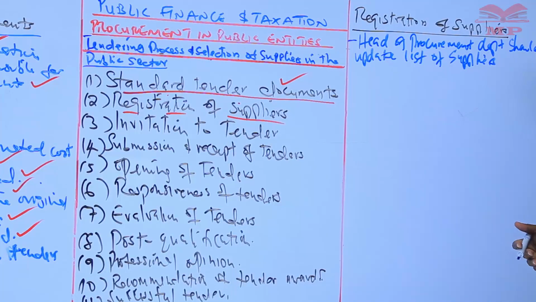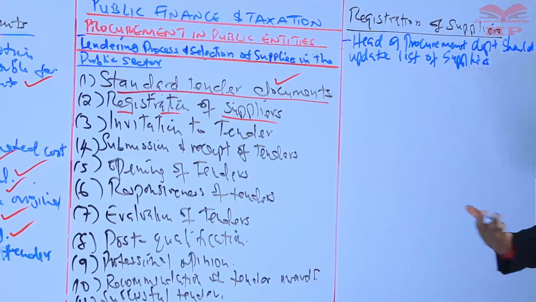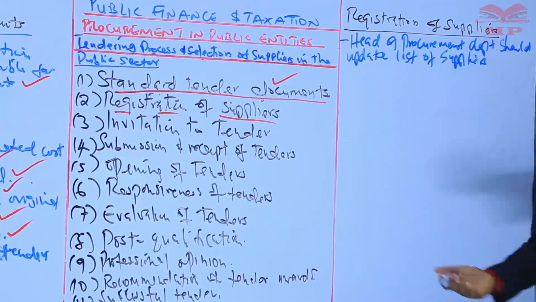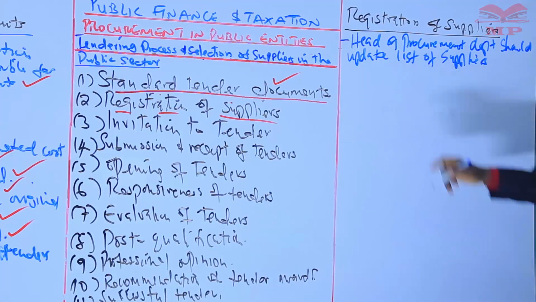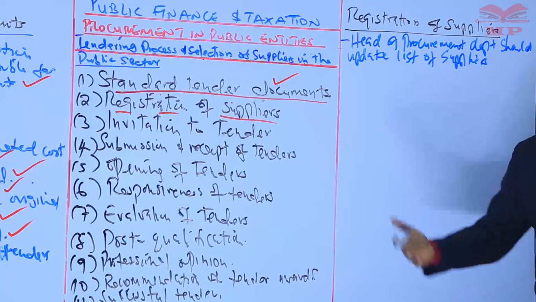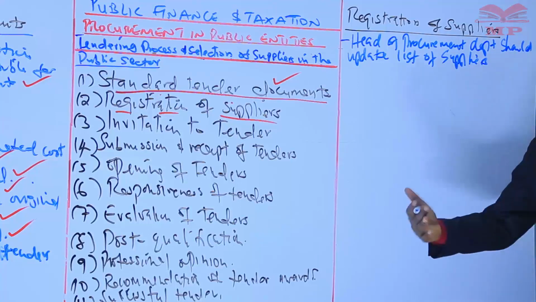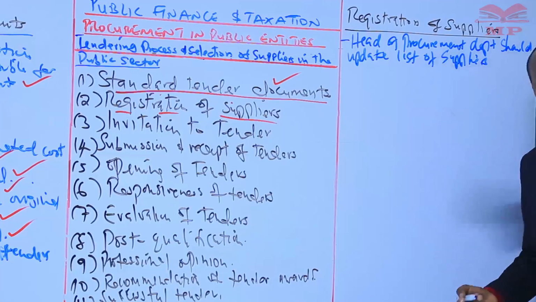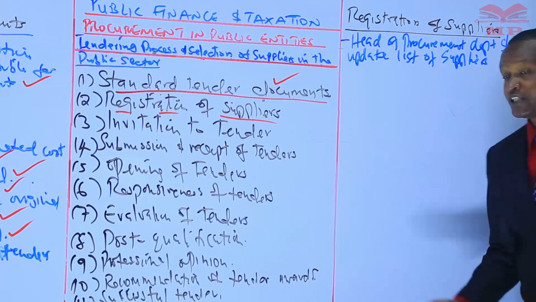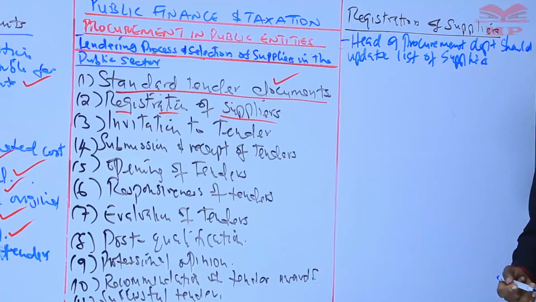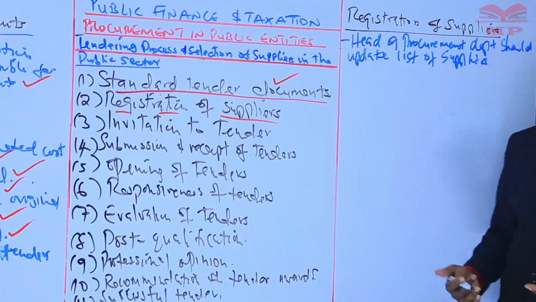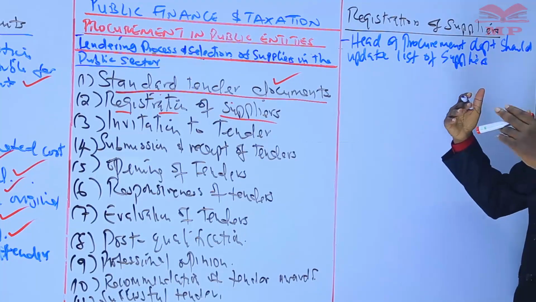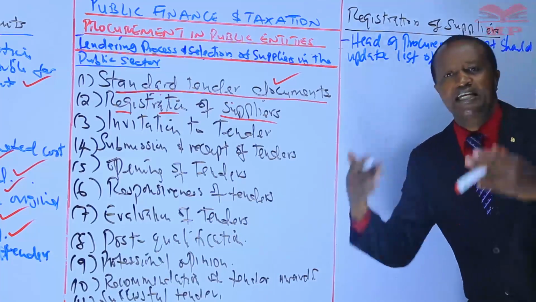There's no end to having the list of suppliers being updated. It ought to be updated. Should have an updated list of registered suppliers, registered contractors, registered consultants in various what? Specific categories of goods, specific categories of works, specific categories of services, according to the procurement needs of a procuring entity.